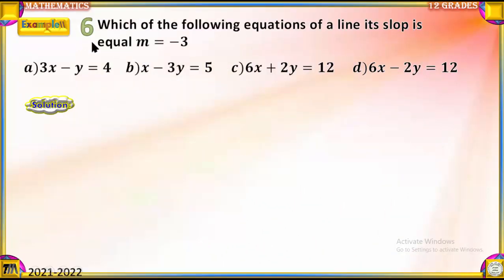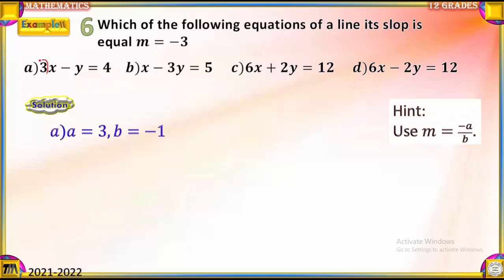Example number 6. Which of the following equations of a line has a slope equal to minus 3? Find the slope of these equations by using m equals minus a over b.